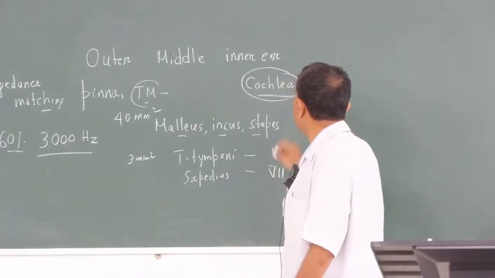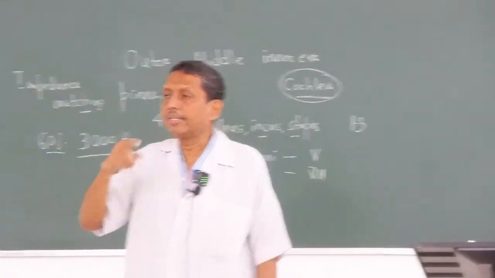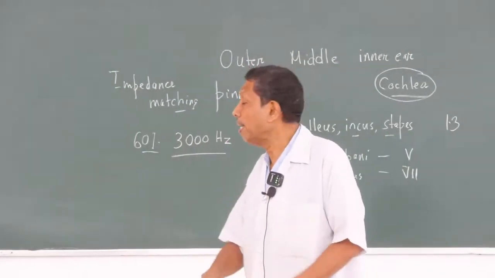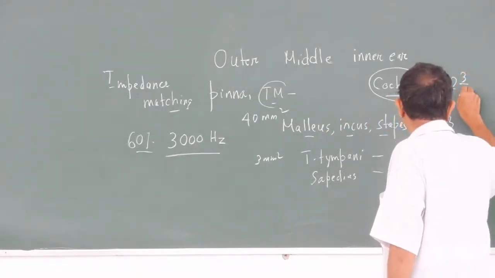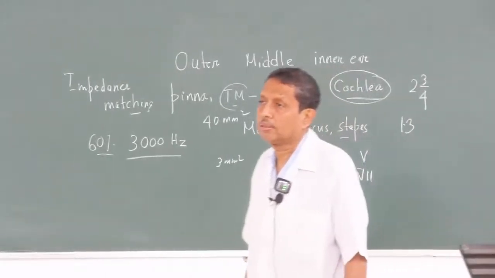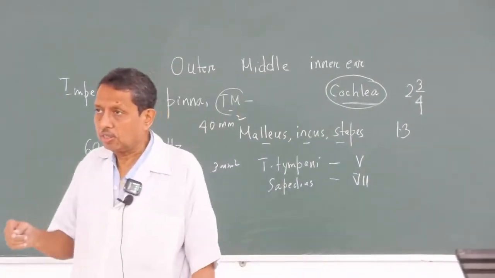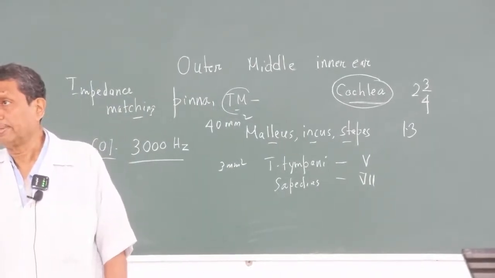and it is like that of the snail, with 2 and 3/4 turns around an axis that is called the modiolus.